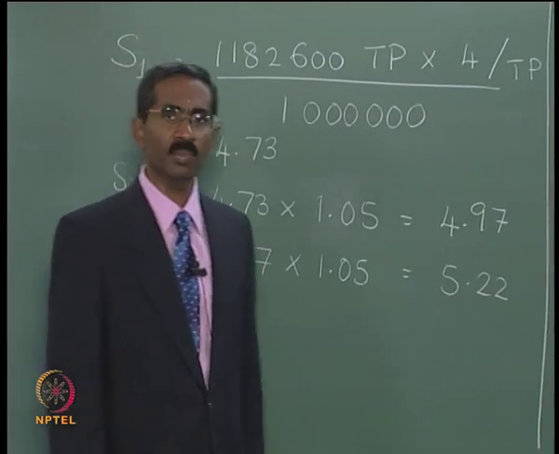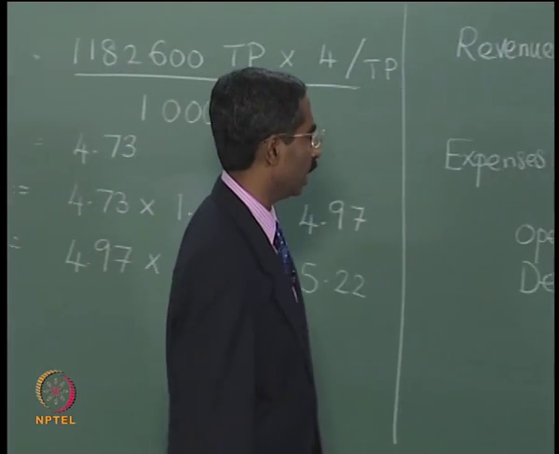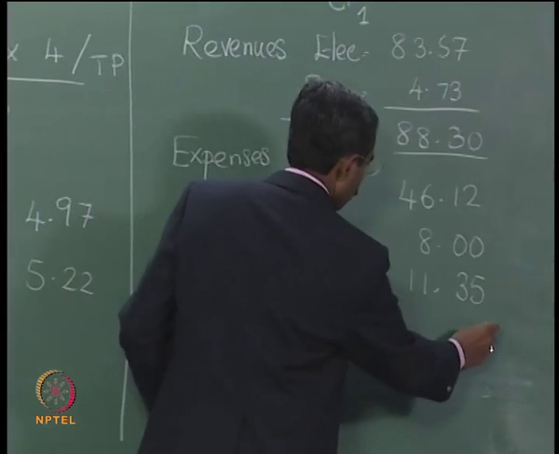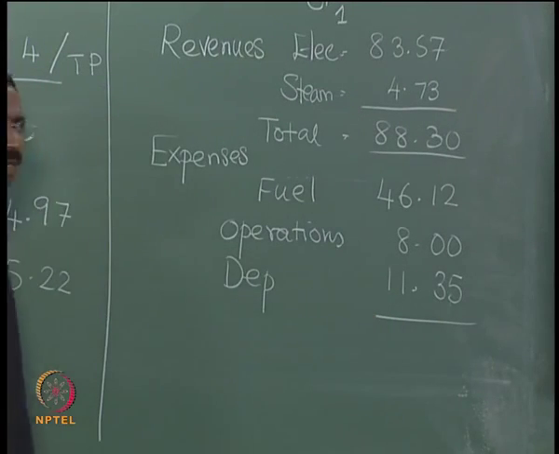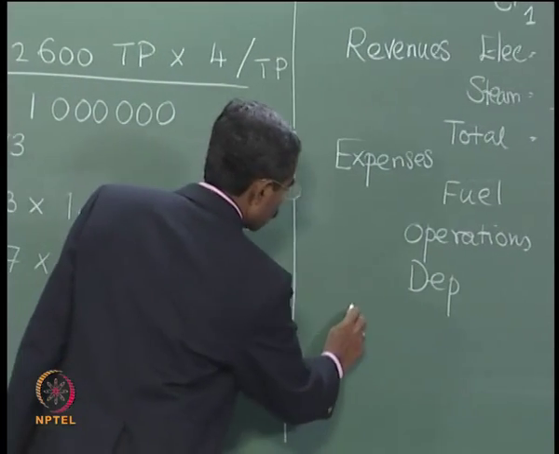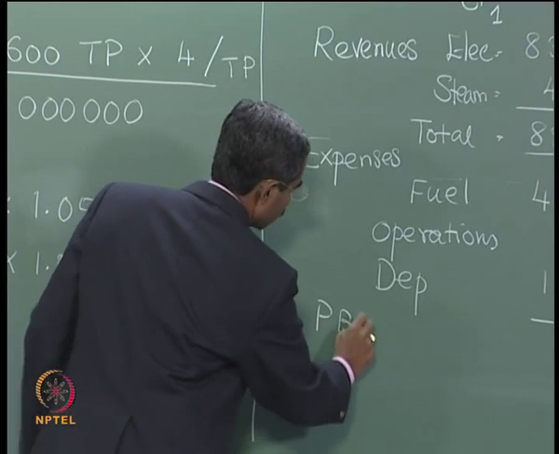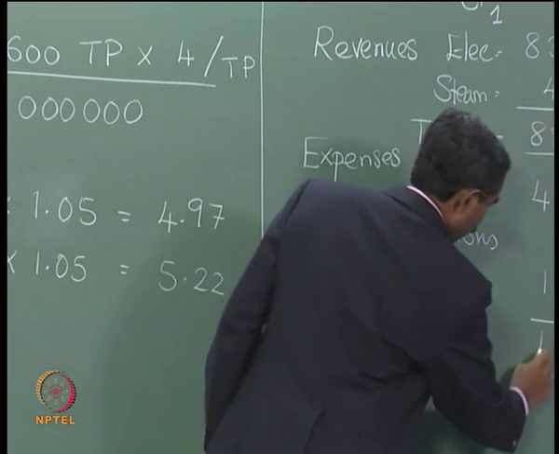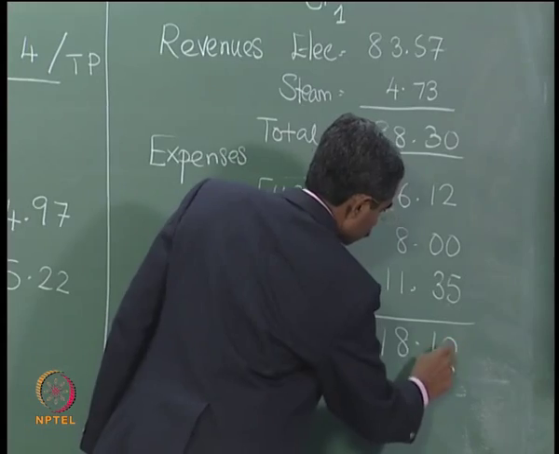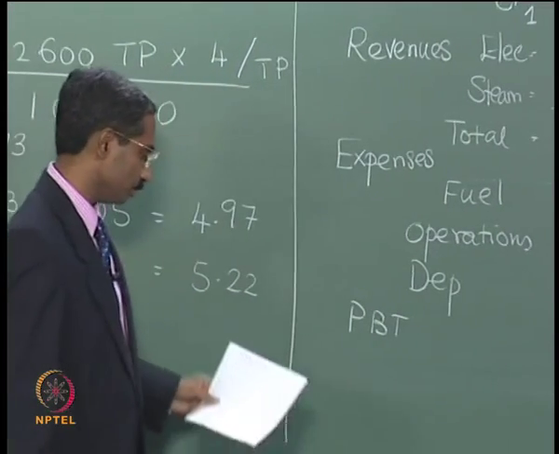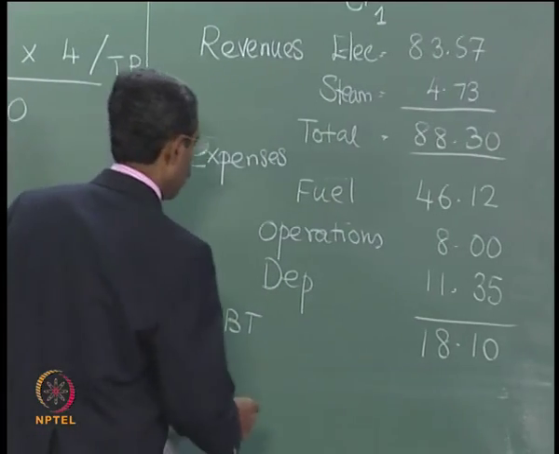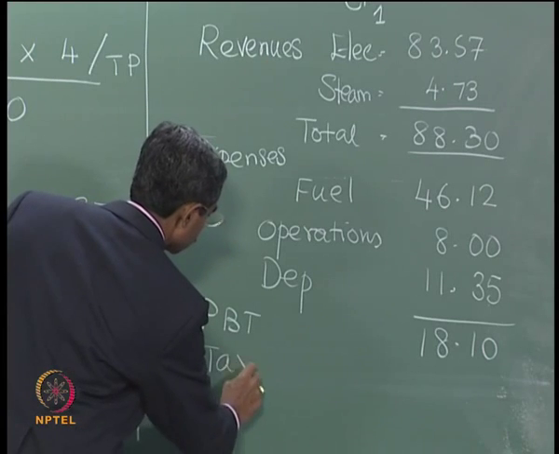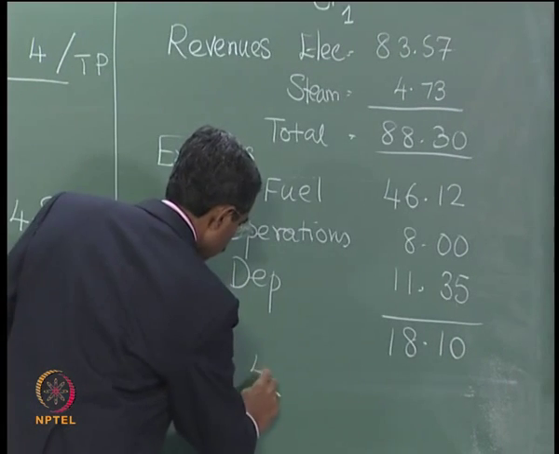So every year the depreciation would be 11.35 million, and after accounting for the expenses we get a profit before tax of 18.10, and then we have tax which is 40%.